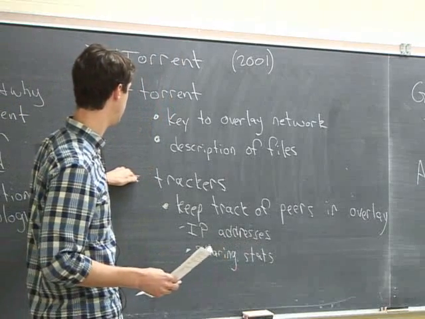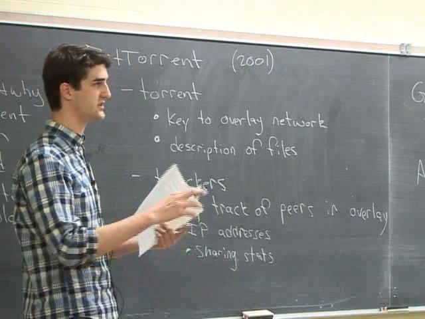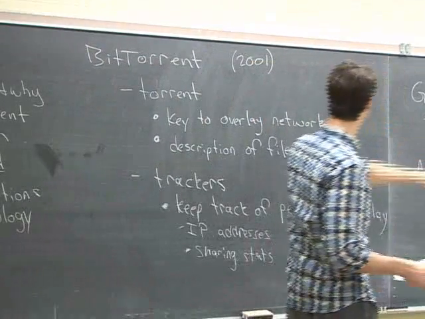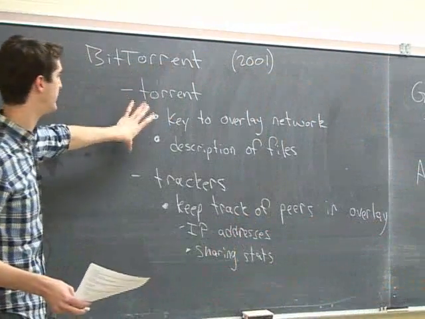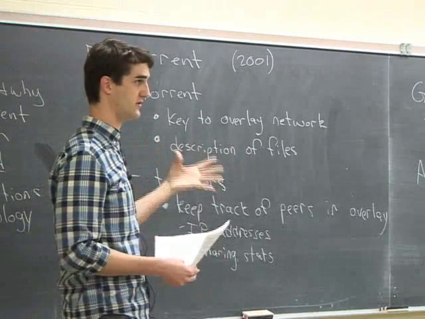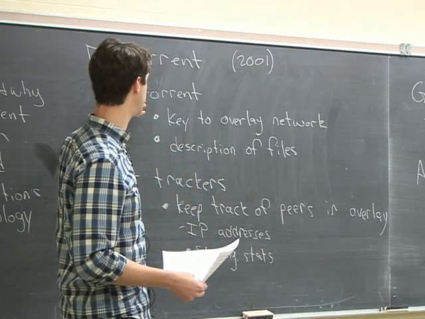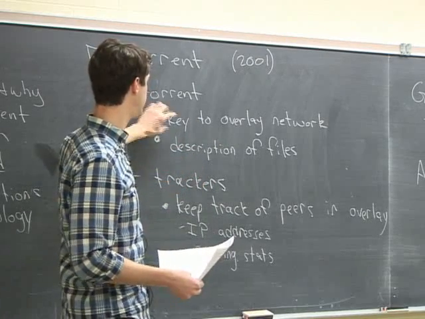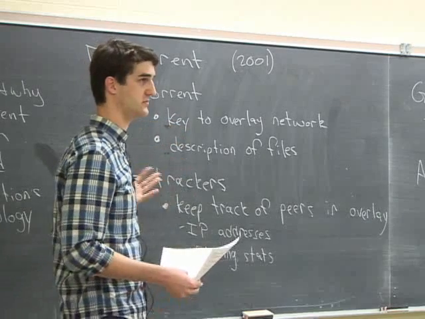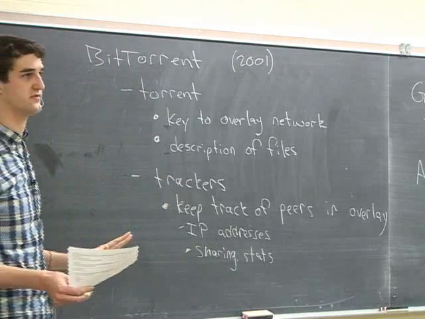We have this tracker, which is more or less a centralized node that's keeping track of all the peers in the overlay network. And then we have these torrent files, where each torrent has a unique overlay network, and each torrent has how to get into that overlay network. And it also has a description of the files that you'll be downloading as part of this torrent, okay?